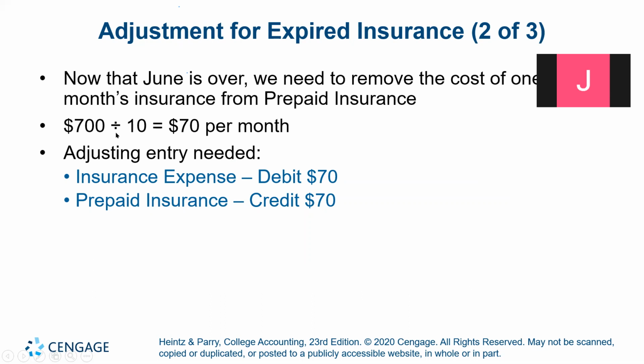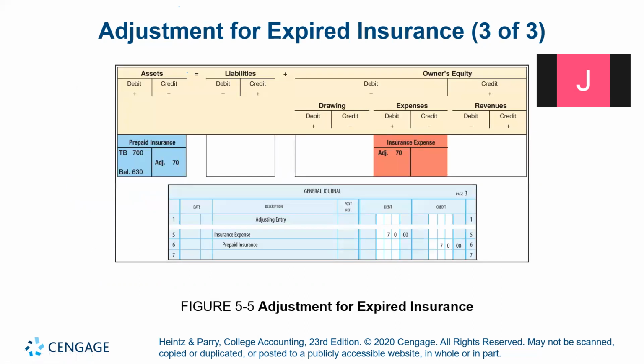It was a 10-month policy. $700 divided by 10 is $70 a month. So we're going to have to debit insurance expense for $70 and credit prepaid insurance. See how the word insurance follows into both the debit and the credit?